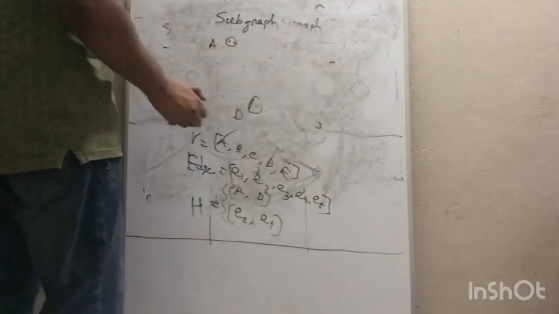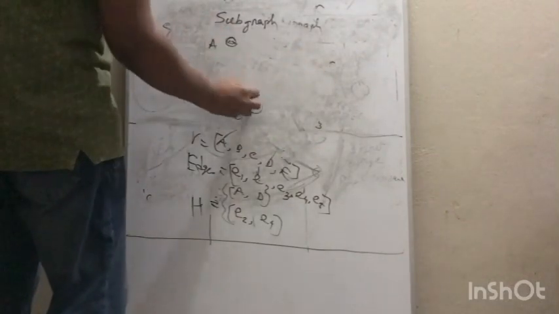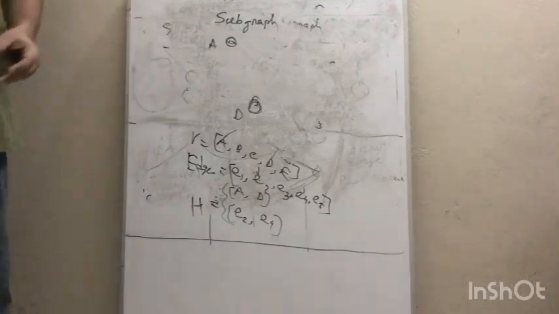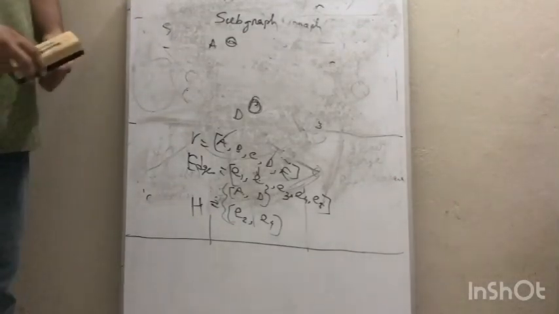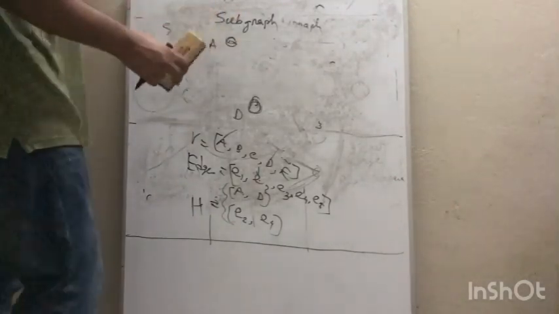Now A and D is a subgraph, a spanning subgraph.